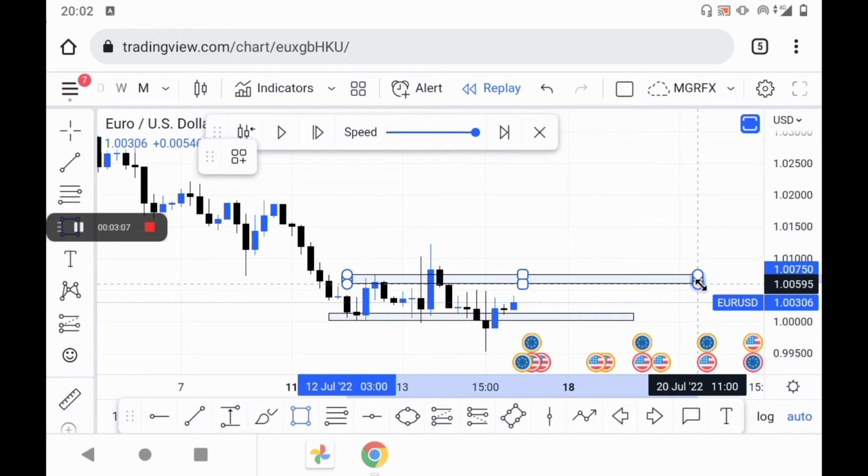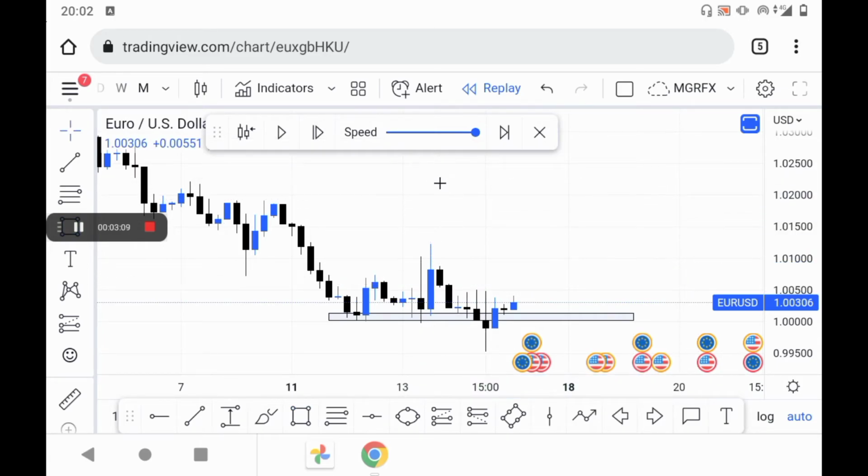Keep in mind, what's very important when it comes to our areas of concern is the market structure upon the tap into that area of concern. If we tap this area of resistance but we are in a bullish market, we will go right through that area of resistance, unless we change market structure upon the tap into our area of concern to anticipate a respect, which is perfectly fine.